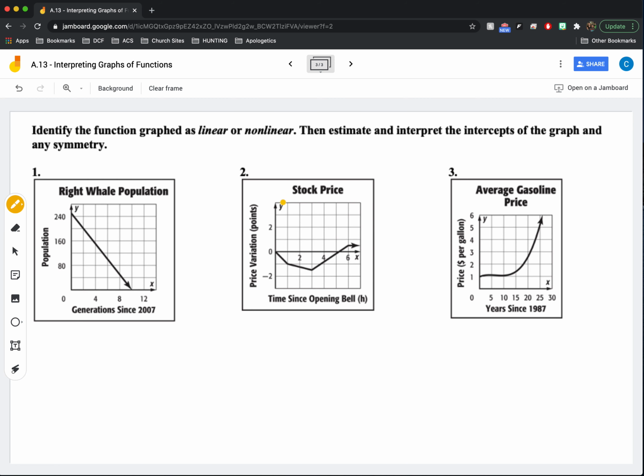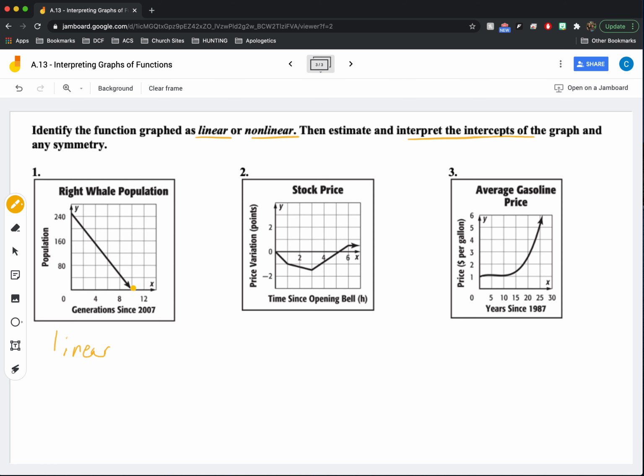I'm going to go ahead and do 2 of these with you, and then you can go from there. All right. So, right whale population. Looking at the graph, the first thing I want to look at is if it's linear or nonlinear. The first one is linear. Then estimate and interpret the intercepts of the graph and any line of symmetry.